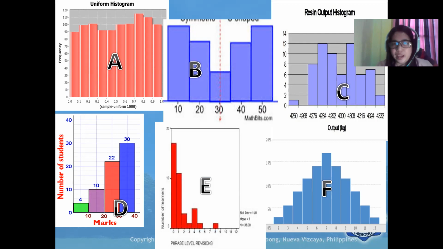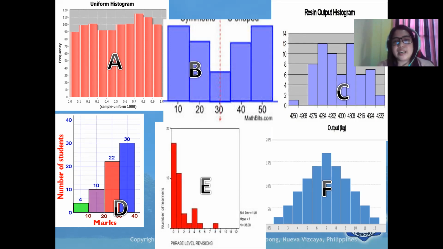So just to review, we will give a brief description of our charts or histograms. For letter A, this is unimodal. It is also called a uniform histogram. It looks like a rectangular shape. And then for letter B, it is actually a U shape.